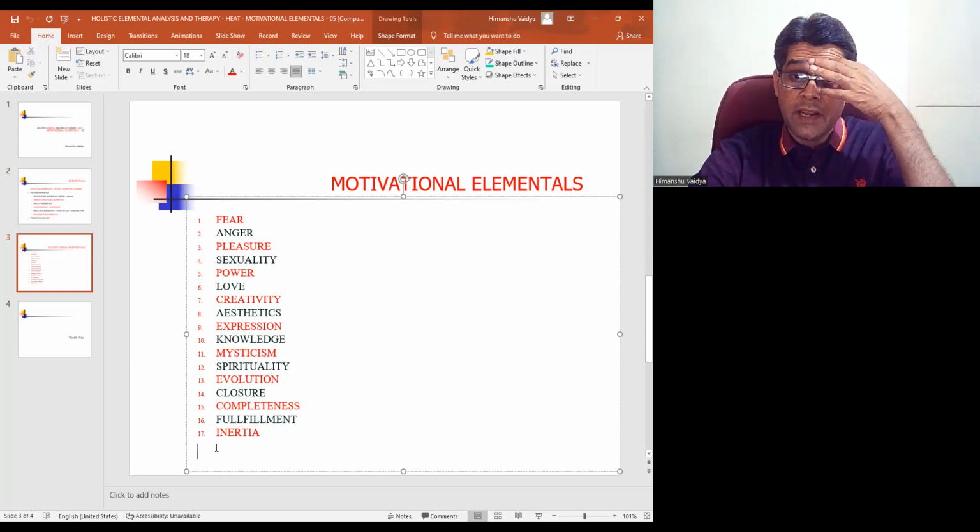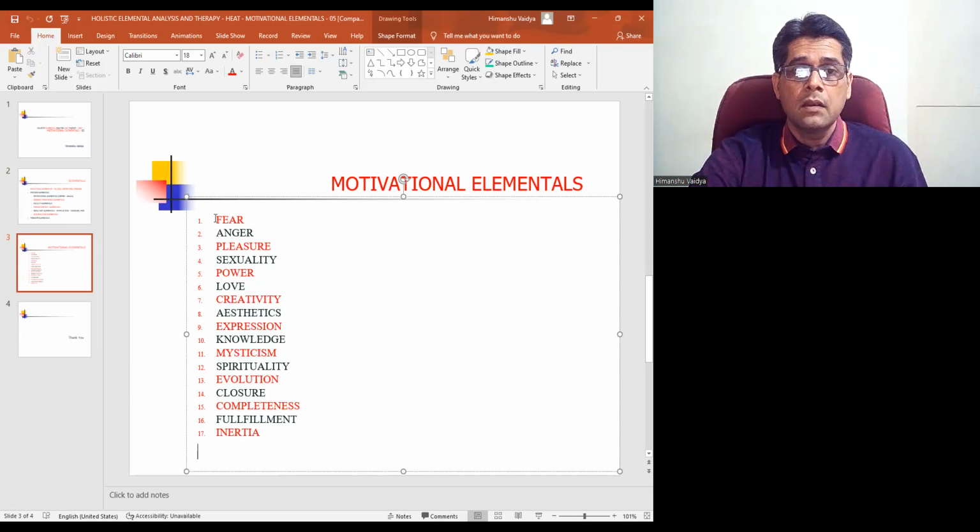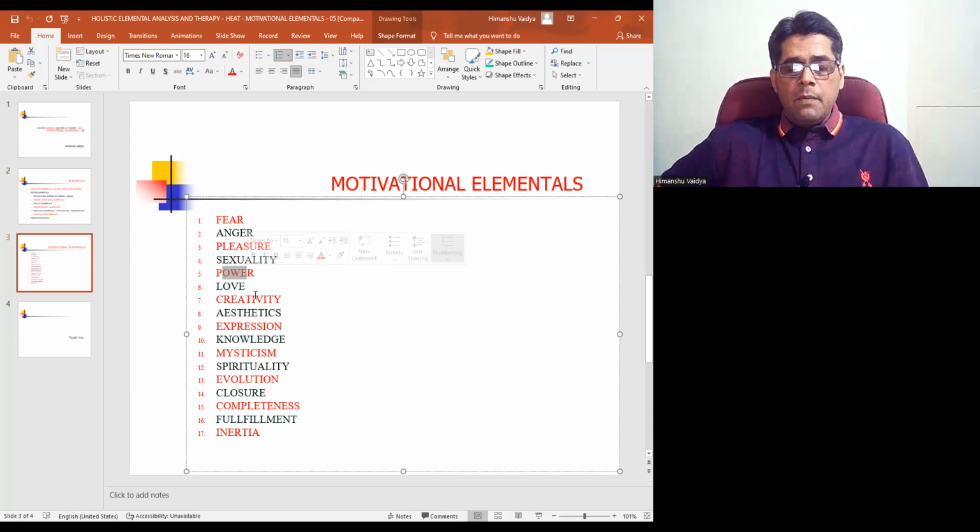So the motivational elementals are: fear, anger, pleasure, sexuality, power, love, creativity, aesthetics, expression, knowledge, mysticism, spirituality, evolution, closure, completeness, fulfillment, and inertia.